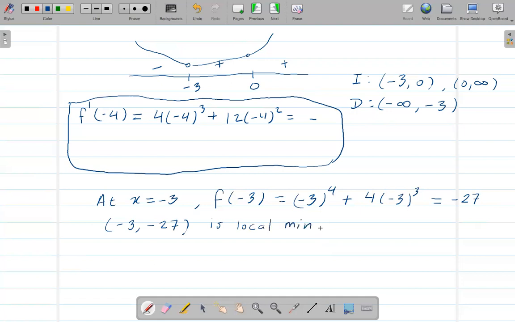is the local min. All right, so now in this problem we don't have a local maximum, because here it's increasing and it's increasing. All right, so it's going to increase to infinity. So there is no local maximum point in this problem. All right.